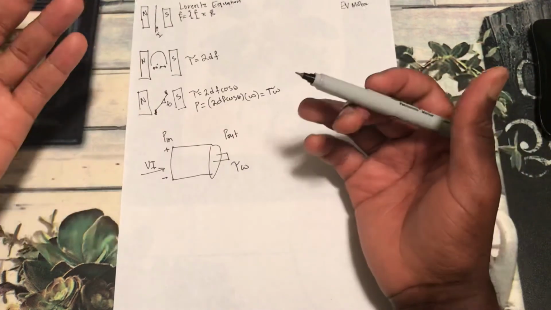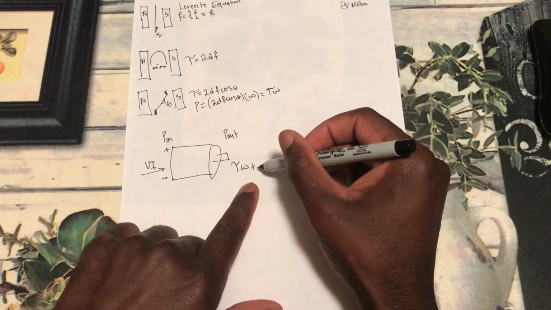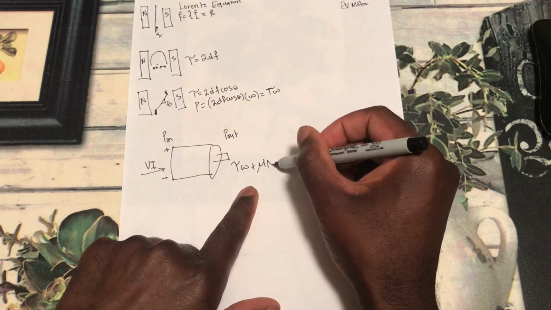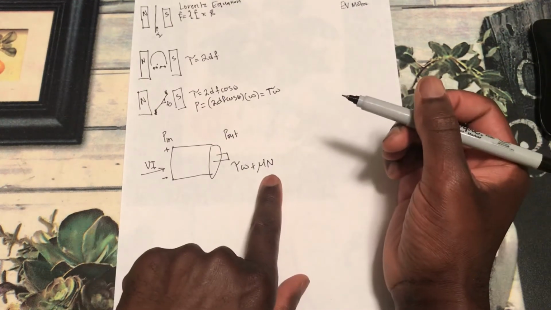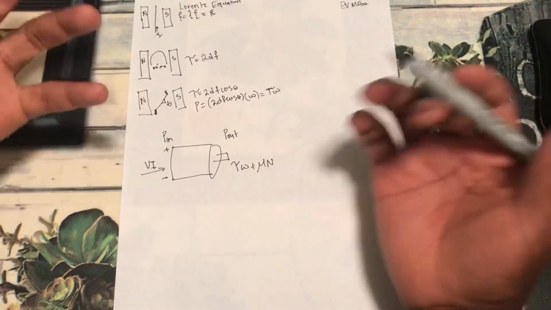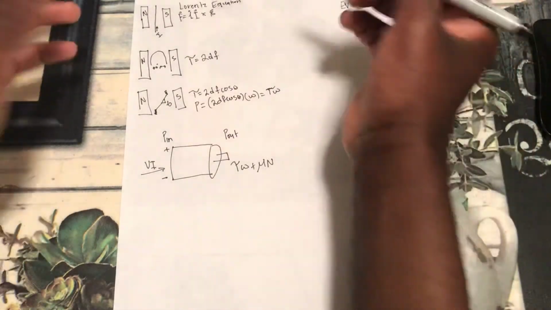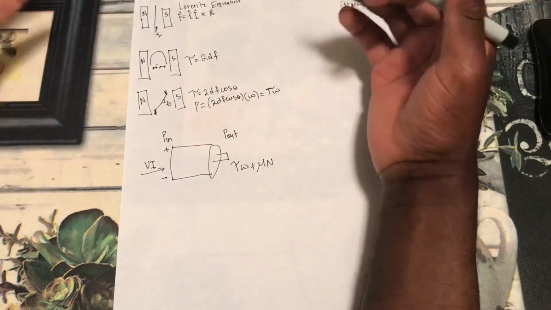There will be some power loss due to friction. So we also add that here: the coefficient of friction times normal force. And we also know, again, since we have coils inside our motor, and those coils are beside a magnet, that will produce inductance energy.